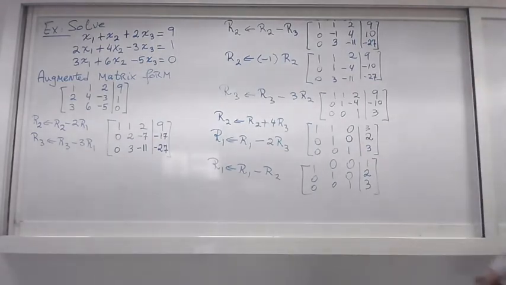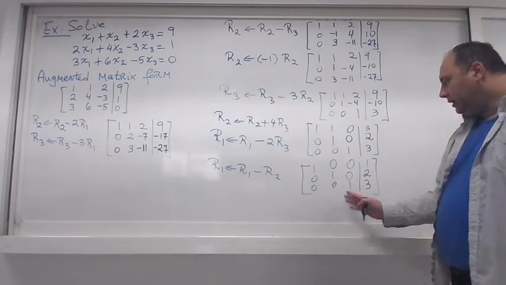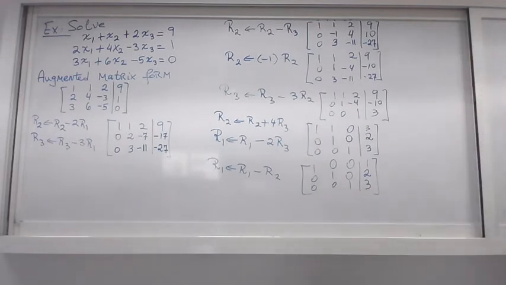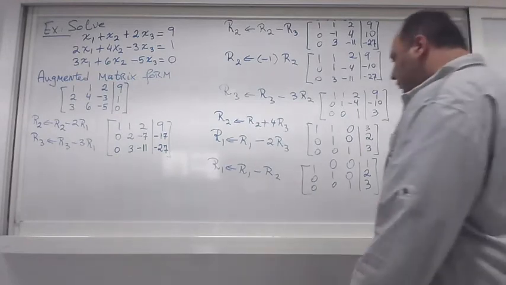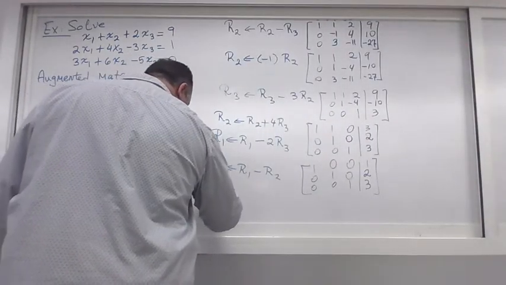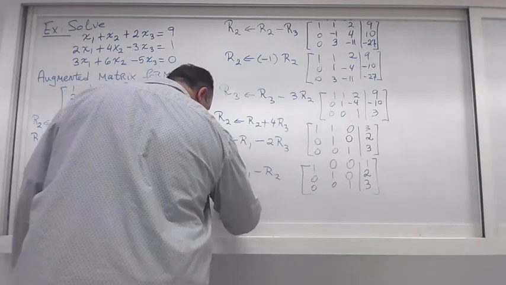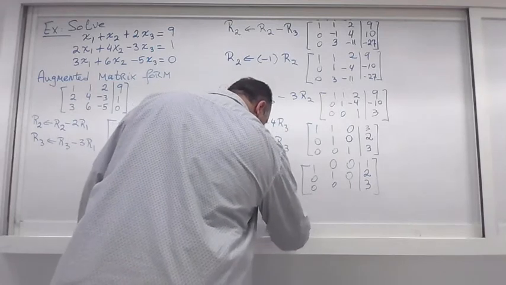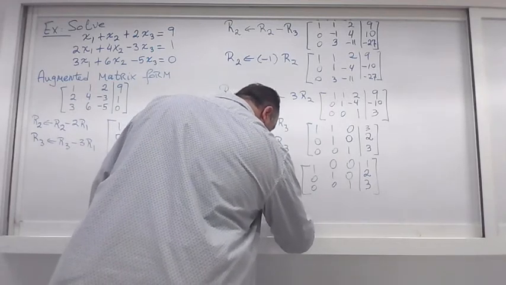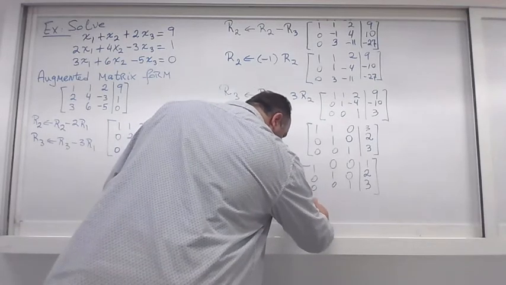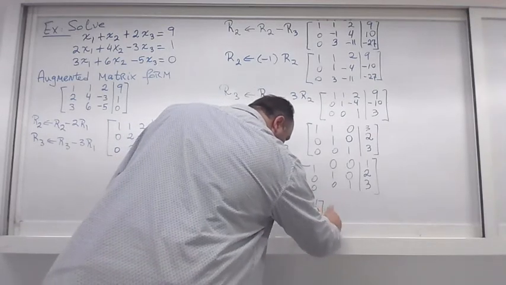This is my reduced echelon form, identity 3 by 3. So this system has a unique solution, 1, 2, 3. One, two, three. Ta-da! Finished.